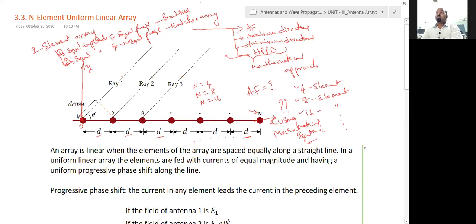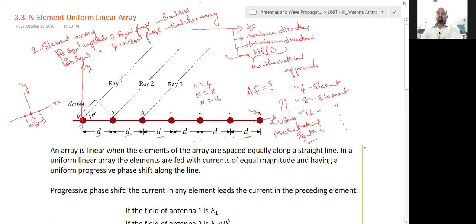So earlier for the two element array, on the x, y coordinates with the origin as reference, if we considered two elements, antenna 1 and antenna 2, spaced d apart, one element was on the left hand side and another on the right hand side.